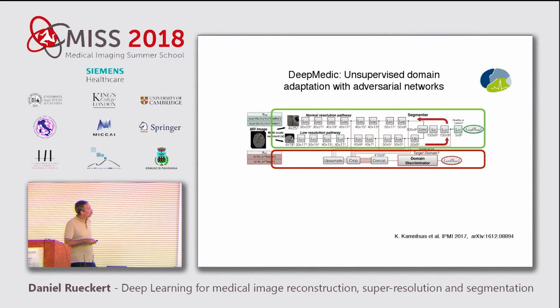But what I'm also doing is I've added this bit here at the bottom in this red box, and I'm basically taking some of the features which a neural network produces, the intermediate feature maps, and I put them into another convolutional neural network, and that neural network tries to classify whether the data comes from, let's assume, a Siemens scanner or a Philips scanner.